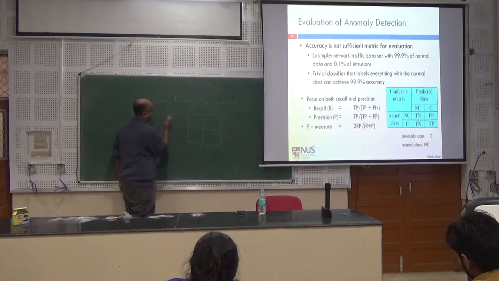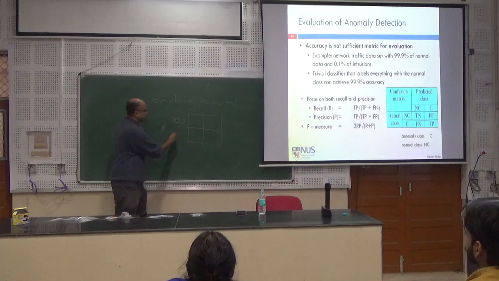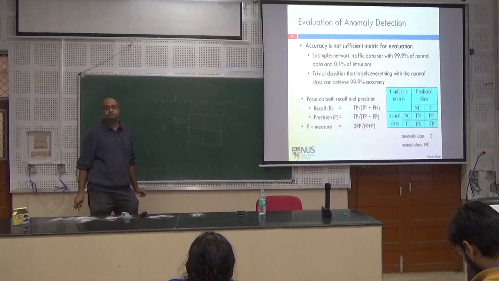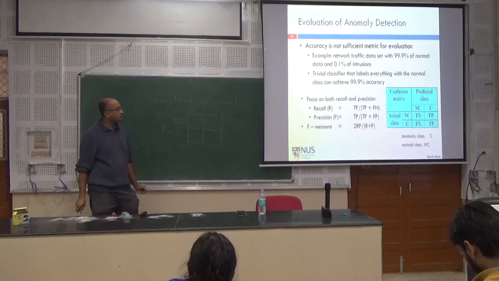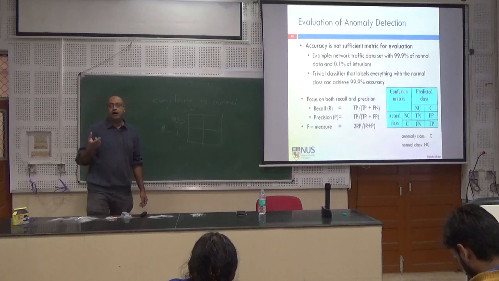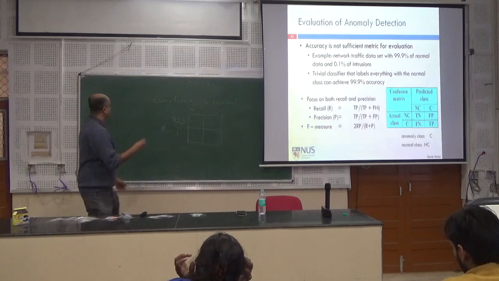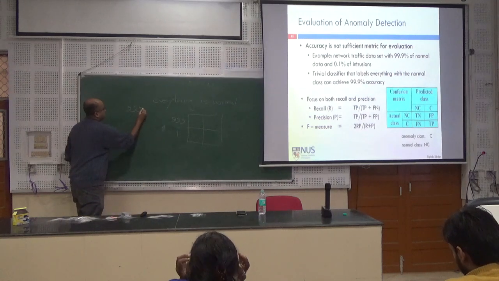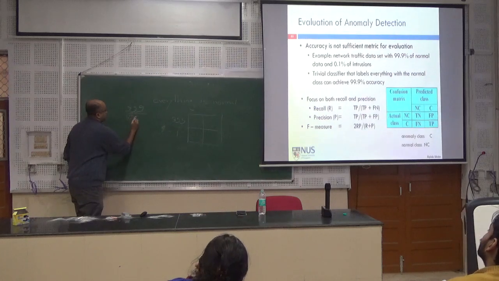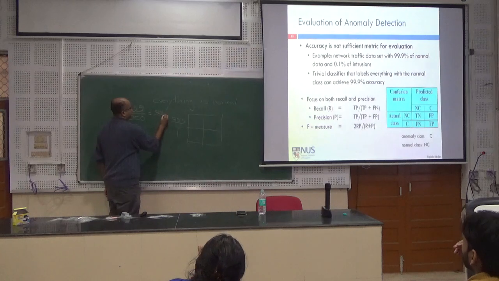Let's say 999 were really normal, and 1 was abnormal. And in this case, what will be my accuracy? I classified 999 correctly. So my accuracy is 999 over 1,000 samples. 99.9% accuracy.